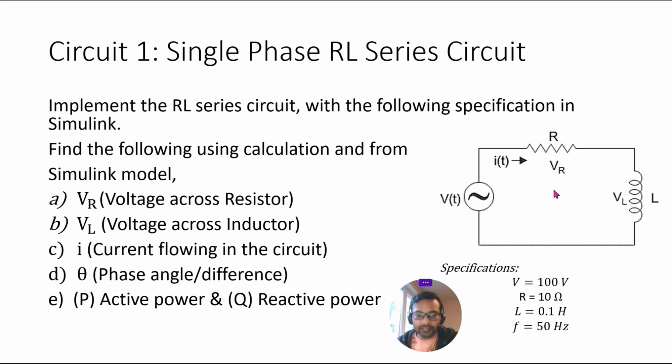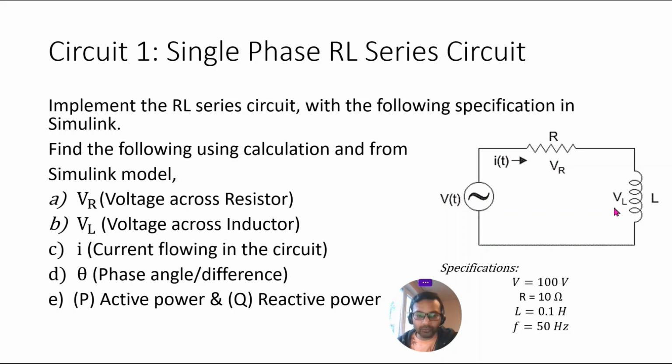So for this particular circuit, we have to implement a Simulink model and calculate the voltage drop across the resistor VR, the voltage drop across the inductor VL, the current flowing in the circuit, and the phase angle or the phase difference between the two voltages.